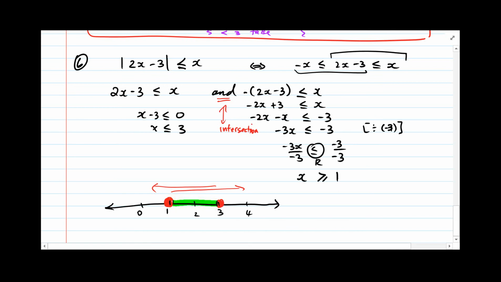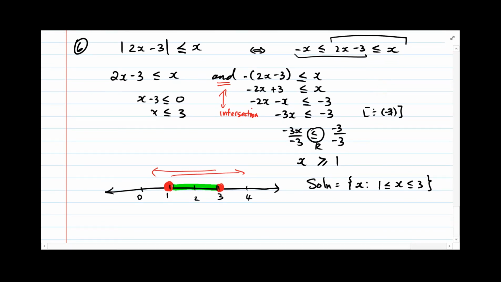So our final solution will be the solution set of x's such that x is between 1 and 3 inclusive. You can take a test value if you wish. So if you want to check, you can take a test value in here.